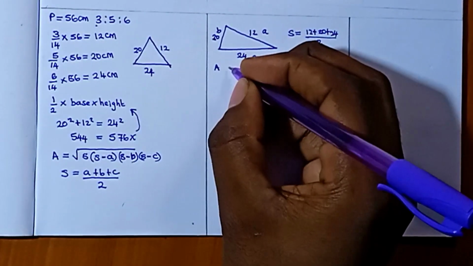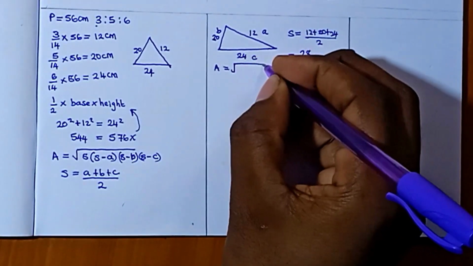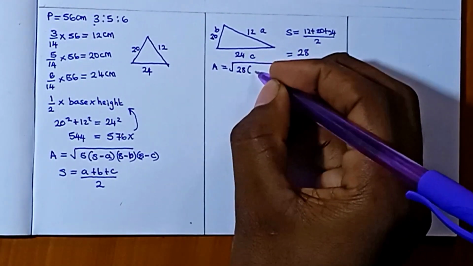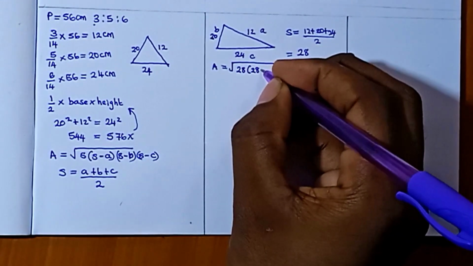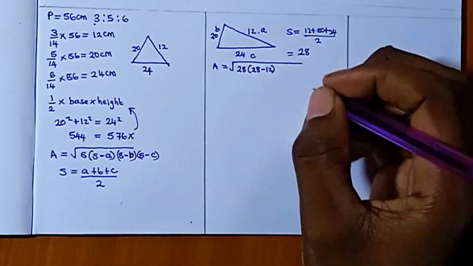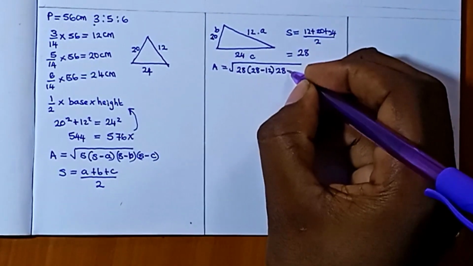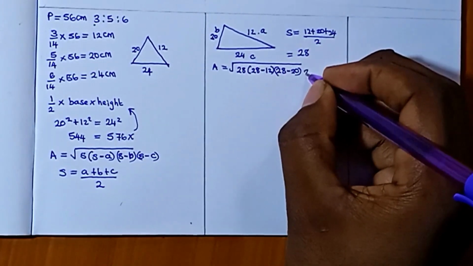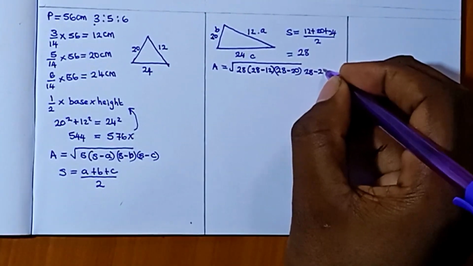So the area is equal to the square root of 28, times 28 minus 12, that is our a, then 28 minus 20 for b, then 28 minus 24.